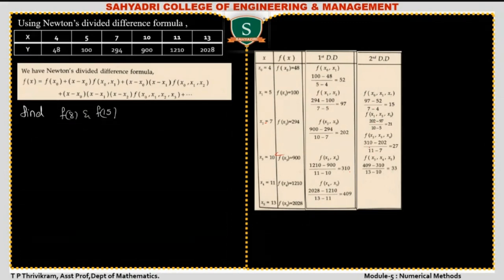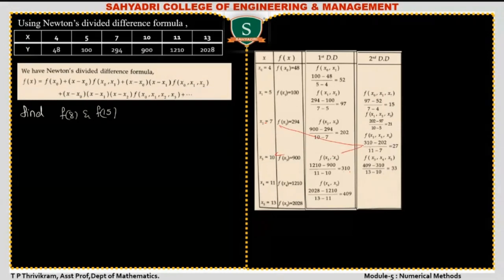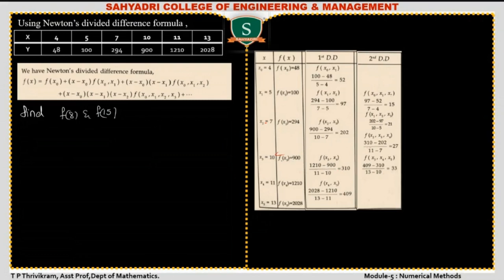This one you are taking, right? So for this one is there and this one is there. 11 minus 7. Next, for this also you take this value and this value. Okay, so 13 minus 10.